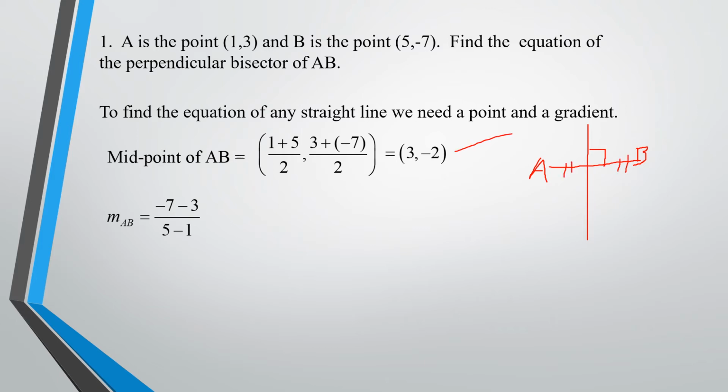So we have the midpoint. M represents the midpoint, and we need to find the gradient of the perpendicular bisector. This is the perpendicular bisector of AB.